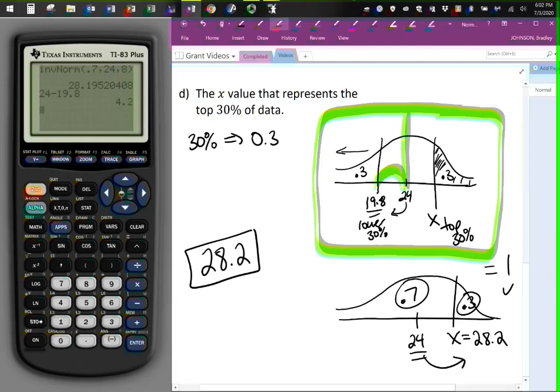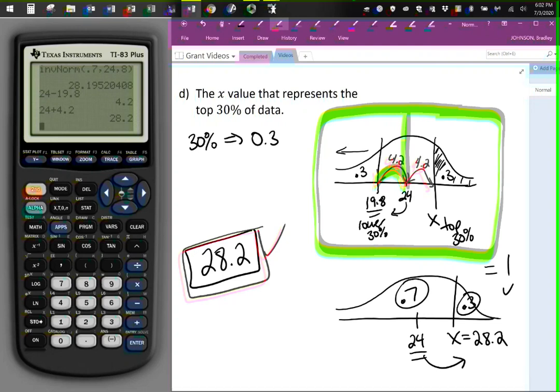So that little distance right here from there to there is 4.2. By symmetry, from 24 to that x value, you could do 4.2. So if you just took 24 plus 4.2, you'd get 28.2, which, look at that, is our answer. So using symmetry, you could do that as well.